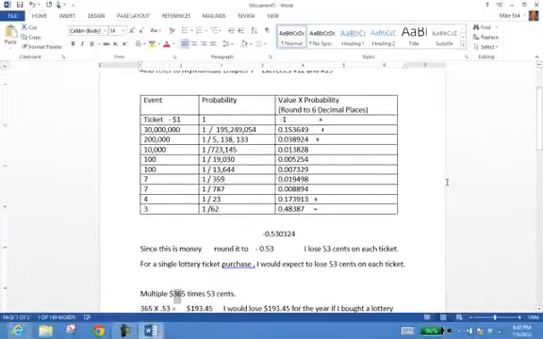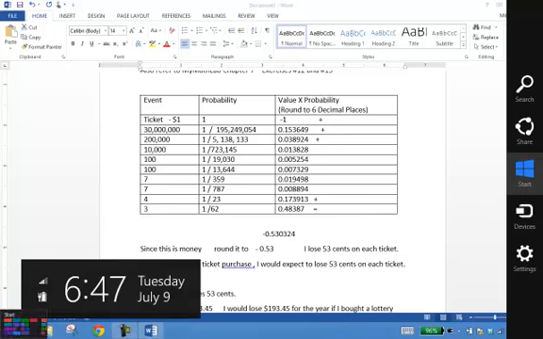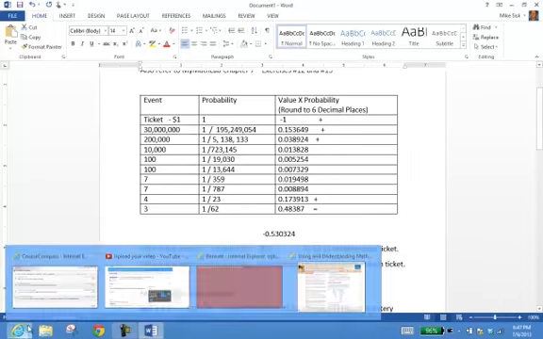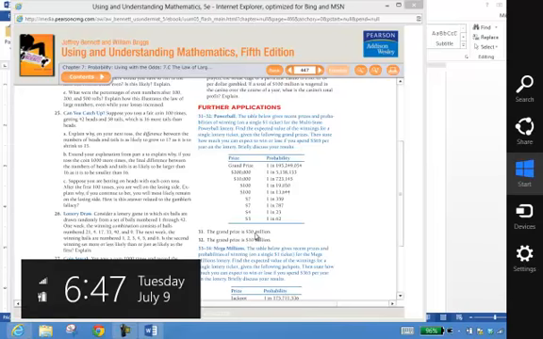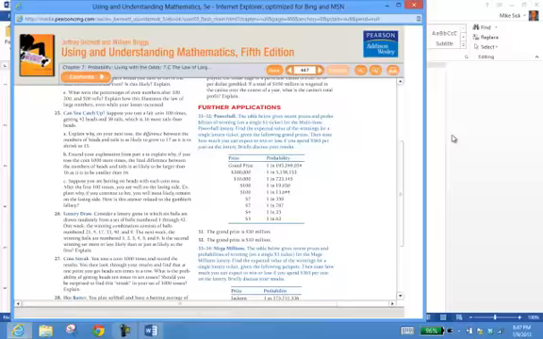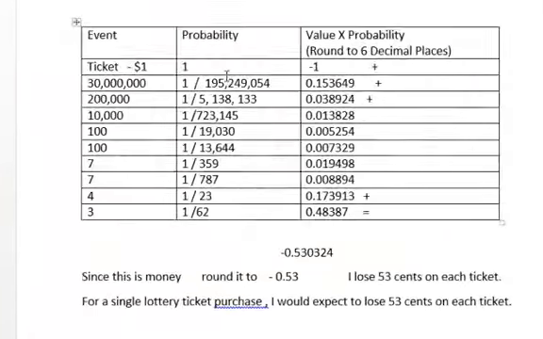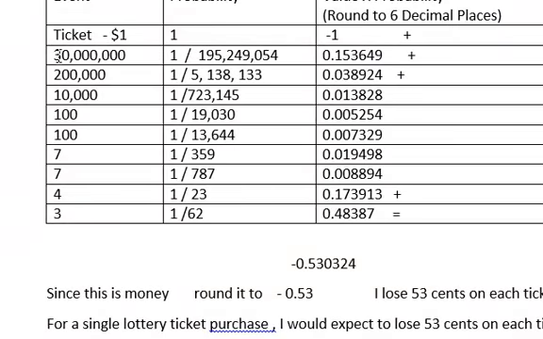The other problem, number 32, would be done exactly the same way, except the difference in problem number 32 and problem number 31 is instead of the grand prize being $30 million, the grand prize is $10 million. So if you watch my video, all the calculations have been done for you except for this one.